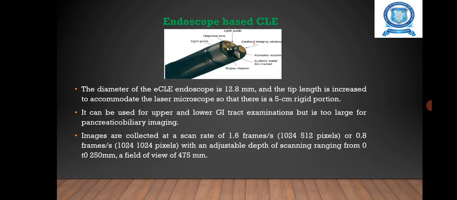The images are collected at a scan rate of 1.6 frames per second or 0.8 frames per second, with an adjustable depth of scanning ranging from 0 to 250 micrometers and a field of view of 475 micrometers.